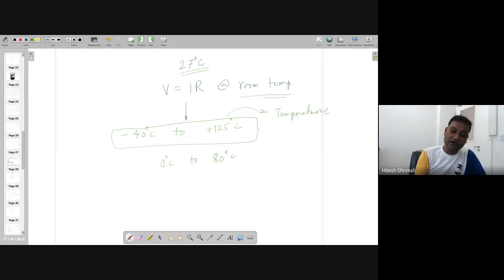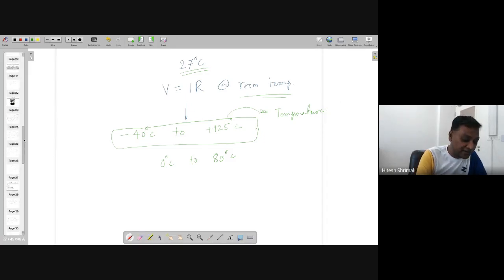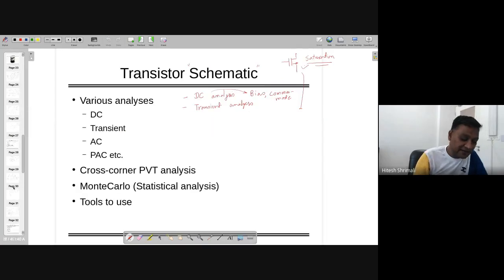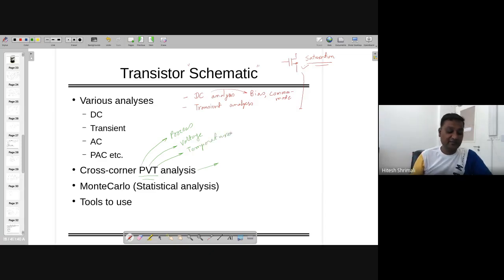So now onwards, I am not going to use the phrase that my circuit should be robust enough, but I am going to say that my circuit should be working at PVT, where P stands for process, V for voltage, and T for temperature. So across various PVT, I'm going to call each one of the process, voltage and temperature points a corner.